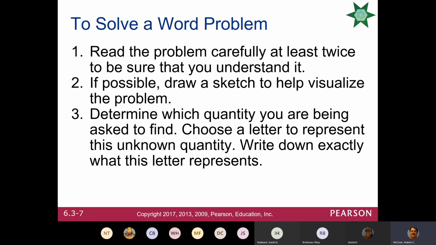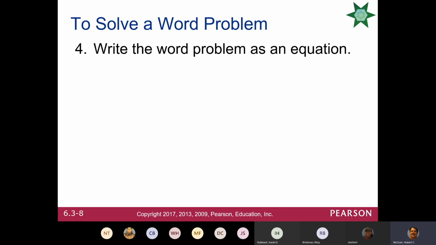All right. Read the problem carefully. I'm not going to insult your intelligence. How many years have you been told these things when we're reading a word problem? Read the problem carefully. Draw a sketch. Determine the quantity you are asked to find. You know what I tell students on word problems?